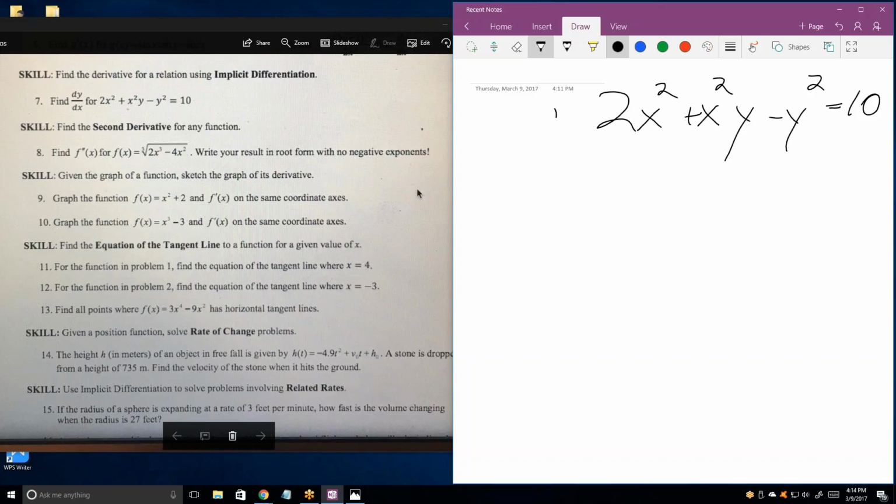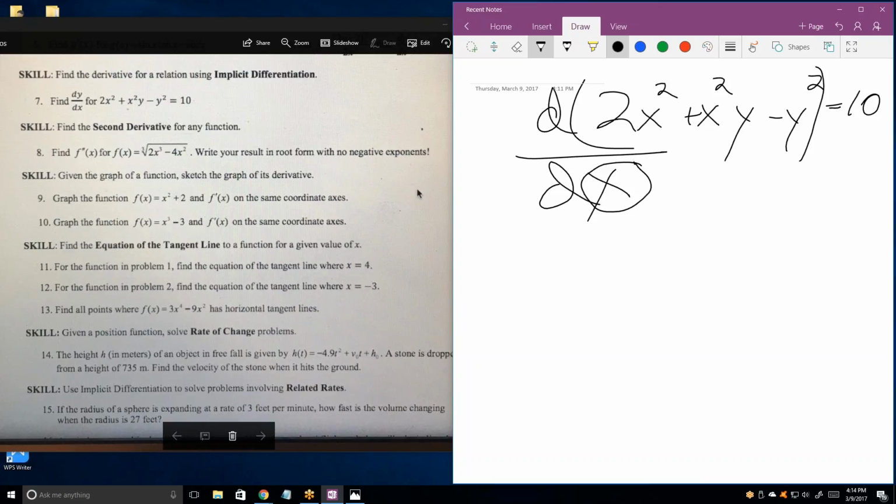Now, implicit differentiation is actually very easy. If I'm going to differentiate the left side with respect to x, that's the way I'm going to write it. And the rules are simple. If I run into an x variable, then I differentiate it explicitly. If I run into any variable other than x, for example y, then I differentiate the outside, but I always multiply it by dy dx.